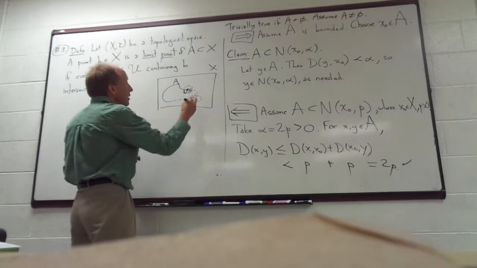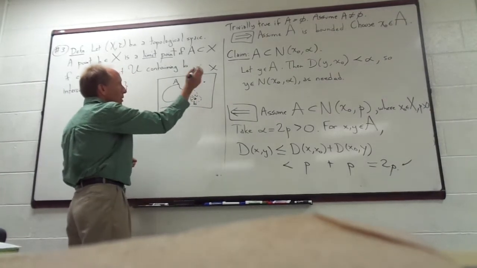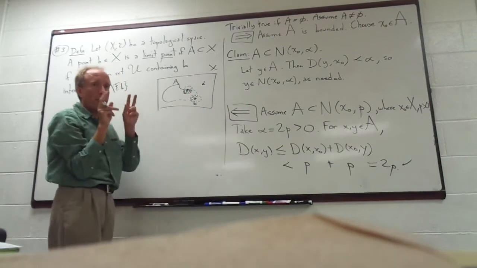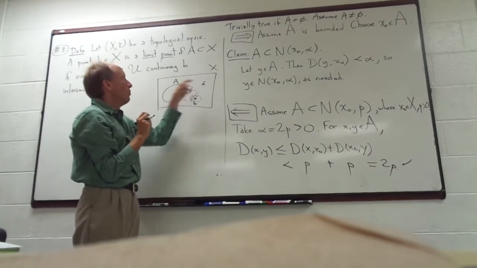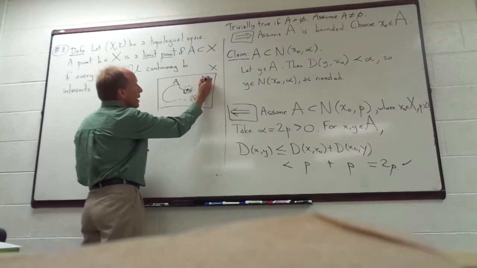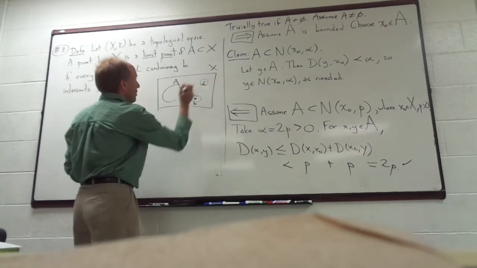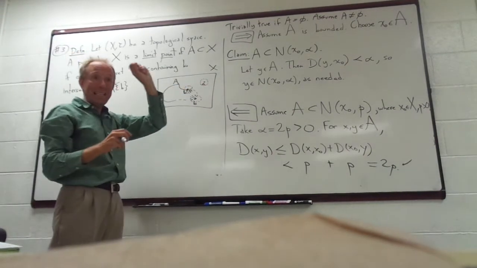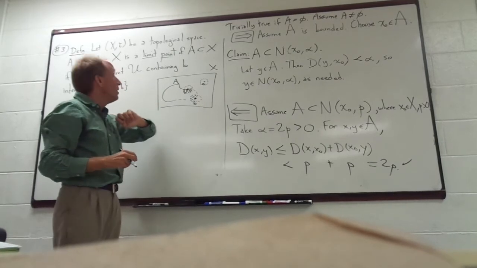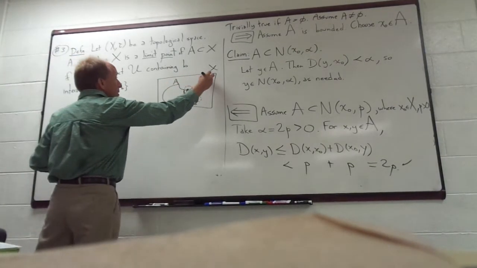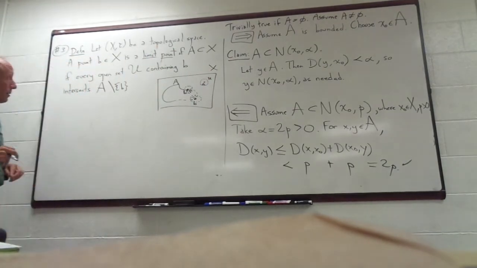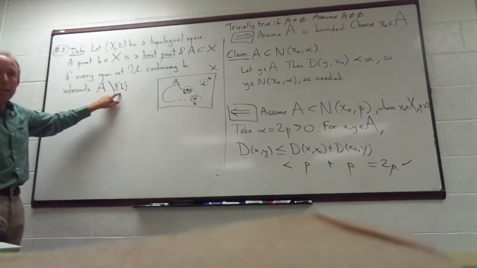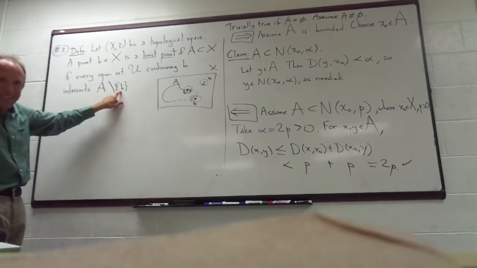Now, let's suppose that A also has this point over here all by itself. That is what we call an isolated point. If you draw a neighborhood around that particular element of A, that little a, if it's isolated, is not going to be a limit point, because here's an open set around that point, and it doesn't intersect the rest of A, because I have to take out the point itself.